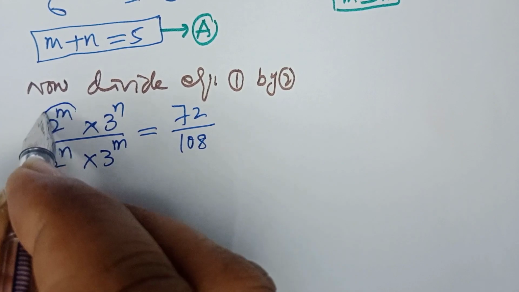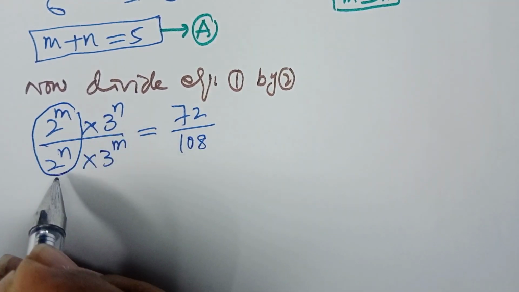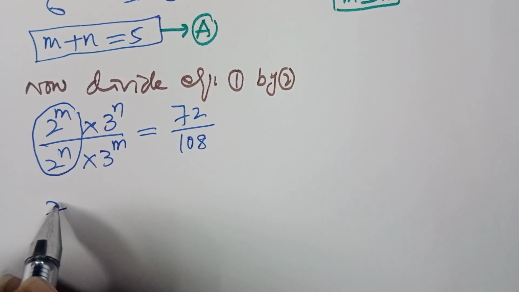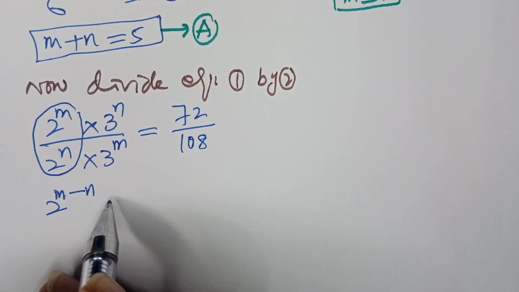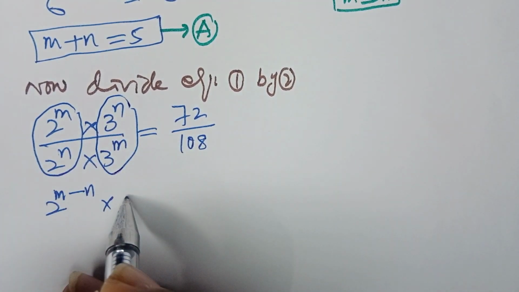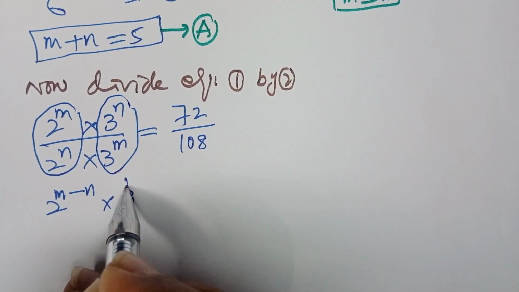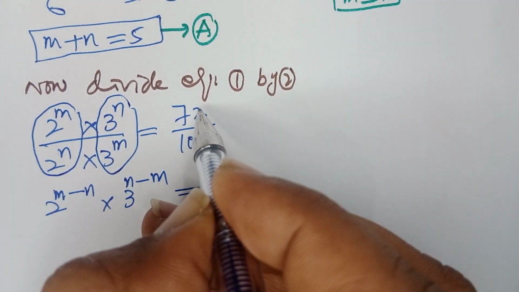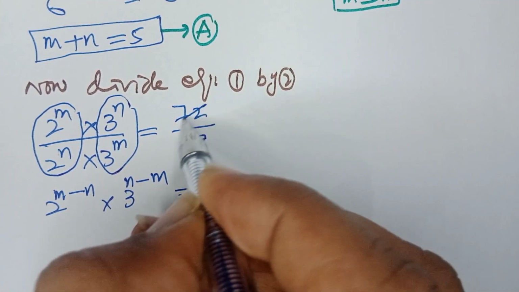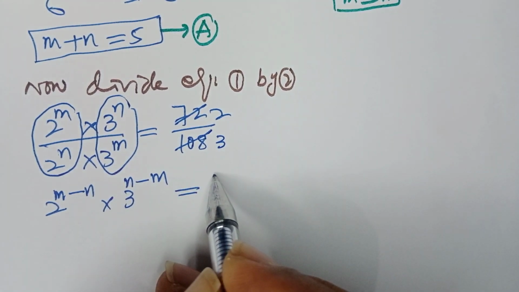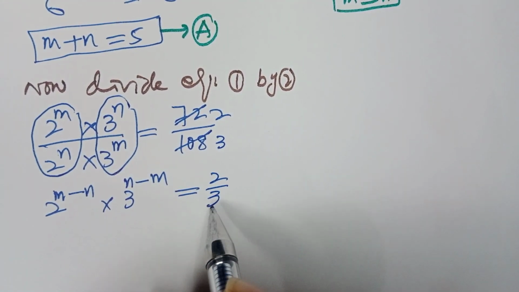Now bases same, powers subtract because bases are in division form. So 2 power m minus n into, here will be same, 3 power n minus m. Now 36 divides 72 2 times and 108 3 times. So here will be 2 upon 3.